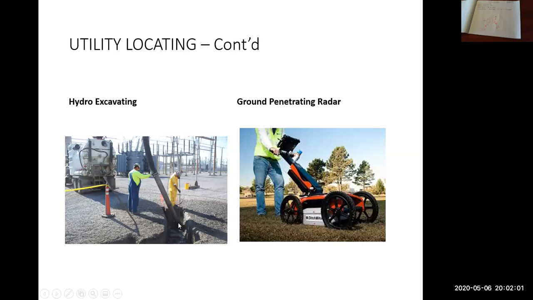That's doing the cutting. That's cutting the ground, the high pressure water. And then the vacuum is sucking it all up. So you can excavate trenches with a hydro excavating unit to find gas services or water services, etc., without damaging the pipes. This is the ground penetrating radar.